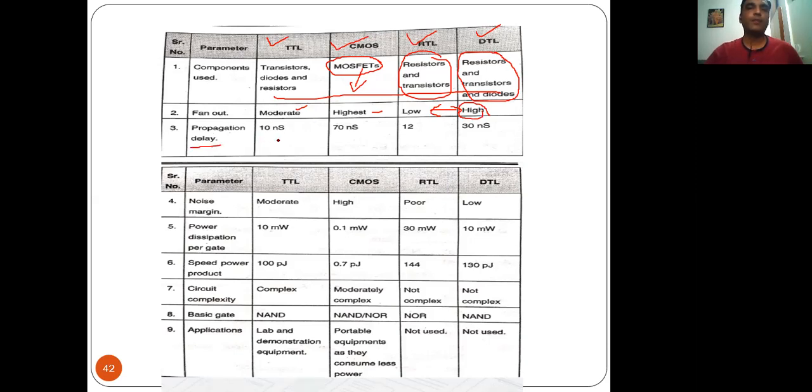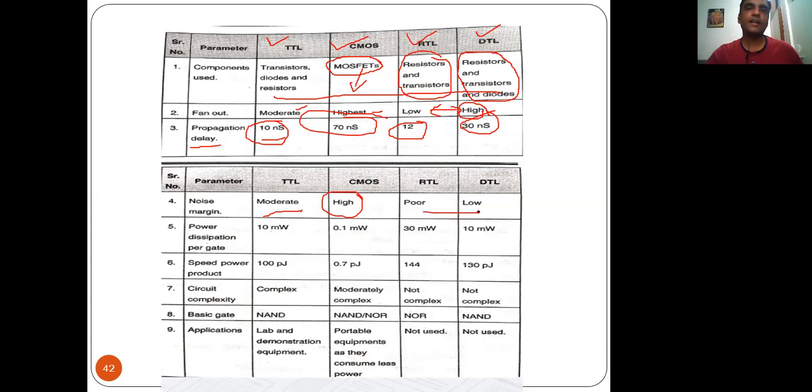Now, this is very important. Propagation delay. Propagation delay of TTL is very good. Okay, so it is 10 nanosecond, 70 nanoseconds in the CMOS, 30 nanoseconds in the DTL, and this is 12 nanosecond in the RTL. Noise margin. Noise margin of the TTL is moderate, but CMOS is having very good noise margin.